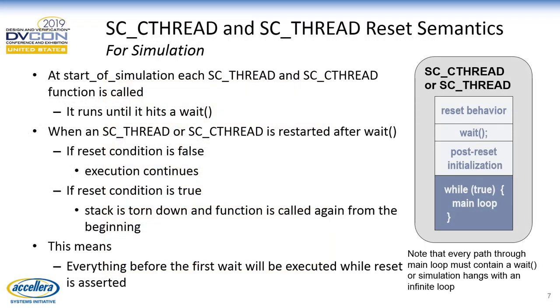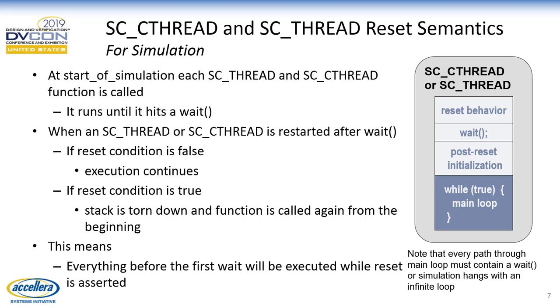At the start of simulation, each thread and clock thread function is called. It runs until it hits a wait, and then it returns, this is at simulation time, returns the control back to the simulator. And then other threads can begin and do their reset behaviors. After each wait, it looks at the reset condition.